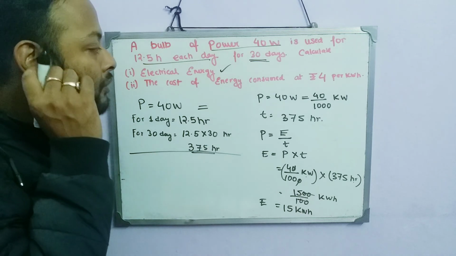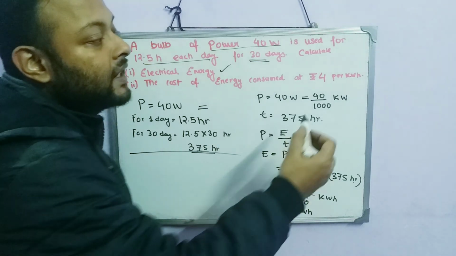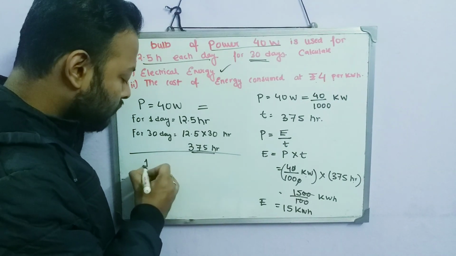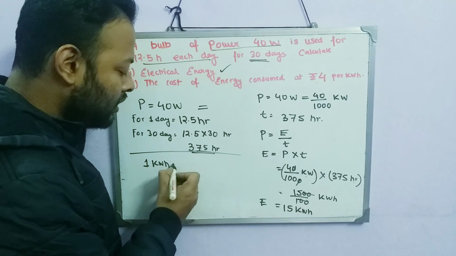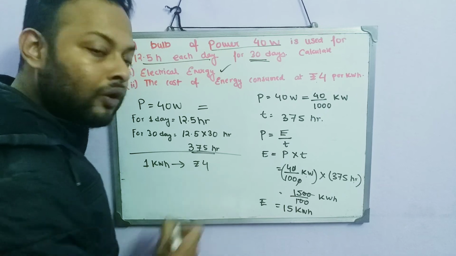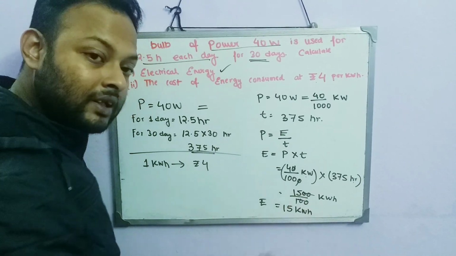Now if I talk about the cost of the energy, how much is the bill? It is said 4 rupees per kilowatt hour. Means for 1 kilowatt hour, the person has to pay 4 rupees. But the person is now consuming how much? 15 kilowatt hour.